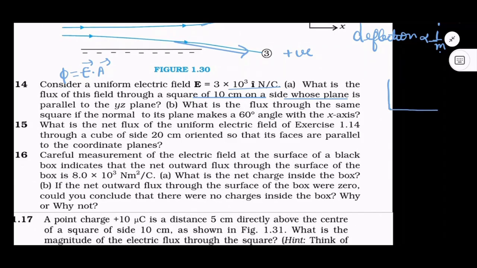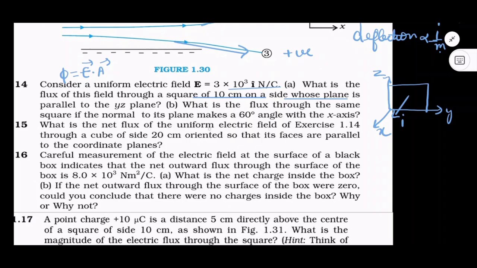This is the YZ plane, suppose this is the plane which we are given, and this is the x-axis. Now the outward normal will also be along the x-axis, that is in the i cap direction. So i cap dot i cap will be 1. You will get some value of flux when we substitute the value of the electric field, and the area is 10 centimeters squared, that is 100 centimeters squared.